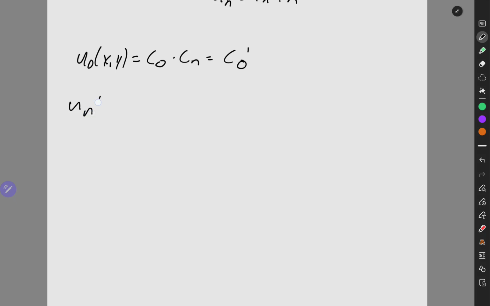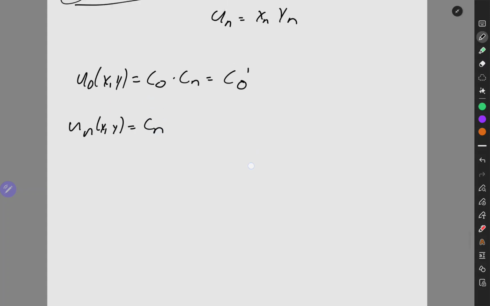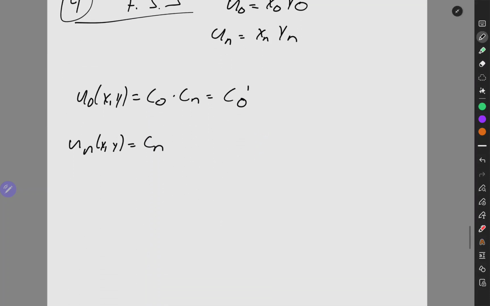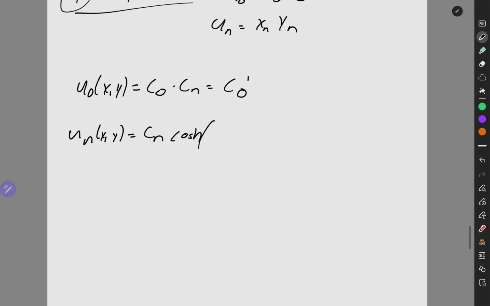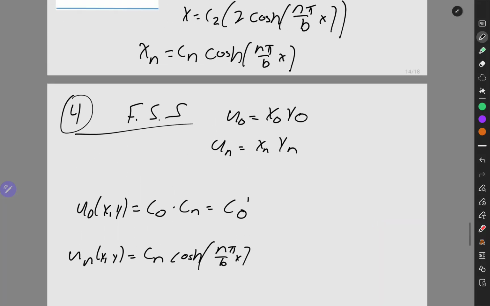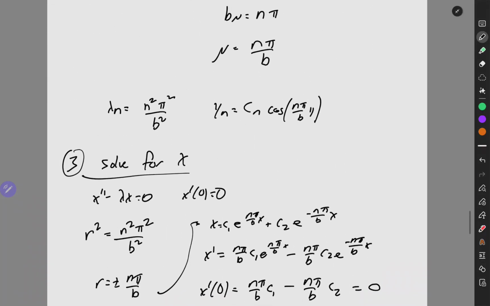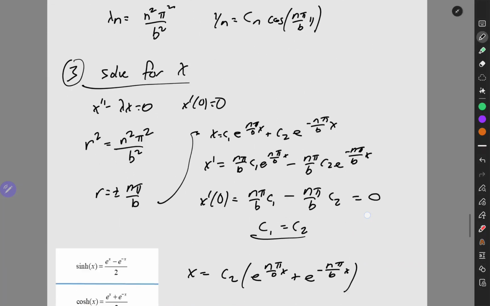U n of x y is equal to C sub n cosh of n pi over b x times cosine of n pi over b y.